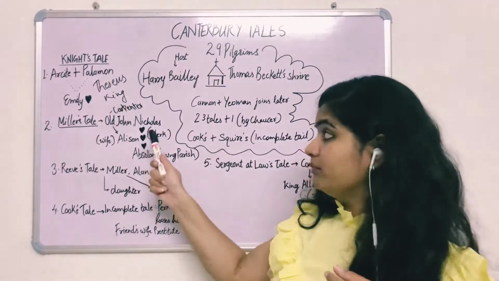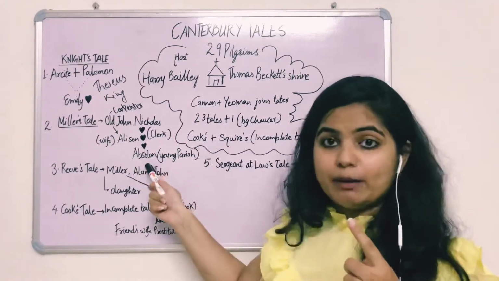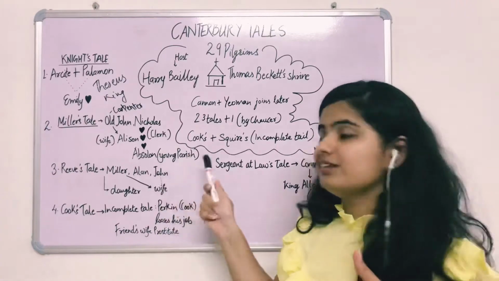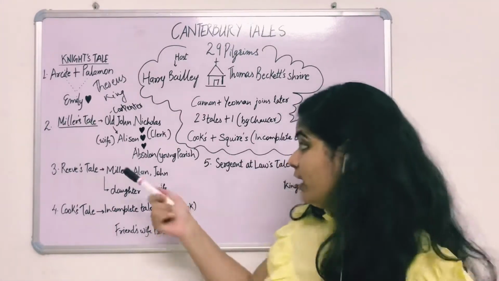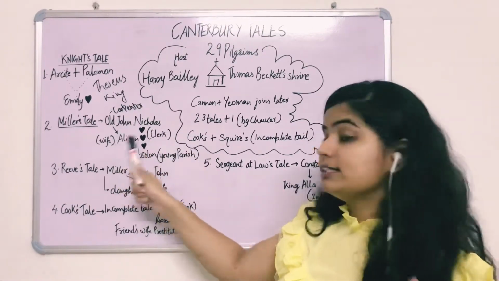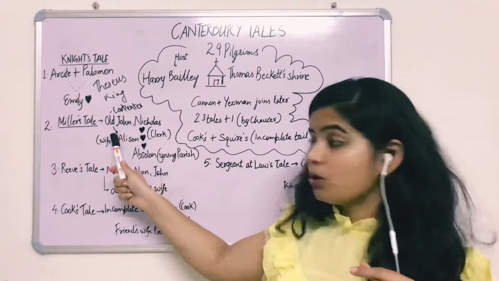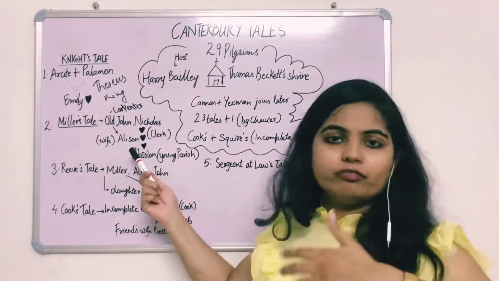And apart from Nicholas, there is one more character called Epsilon. Who is Epsilon? Epsilon is a young parish clerk. He also wants to get intimate with Ellison. So they both are after Ellison. Ellison's original husband is old John, and Nicholas and Epsilon are after the love of Ellison, right?